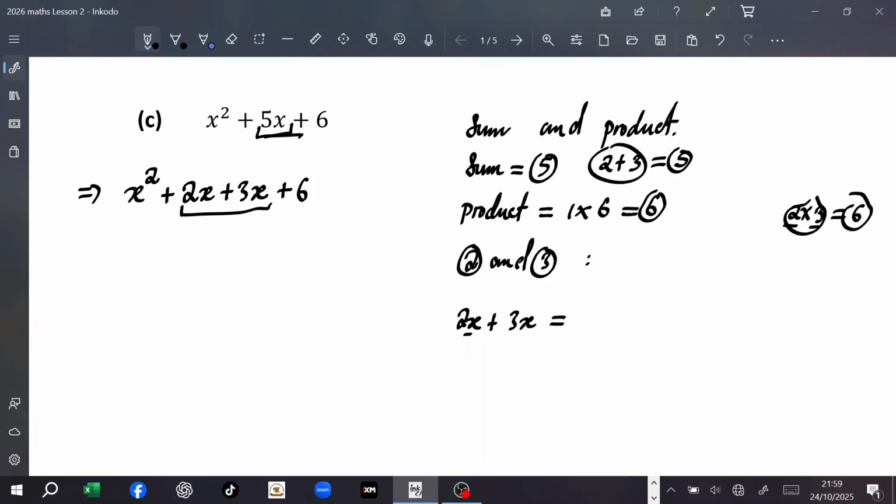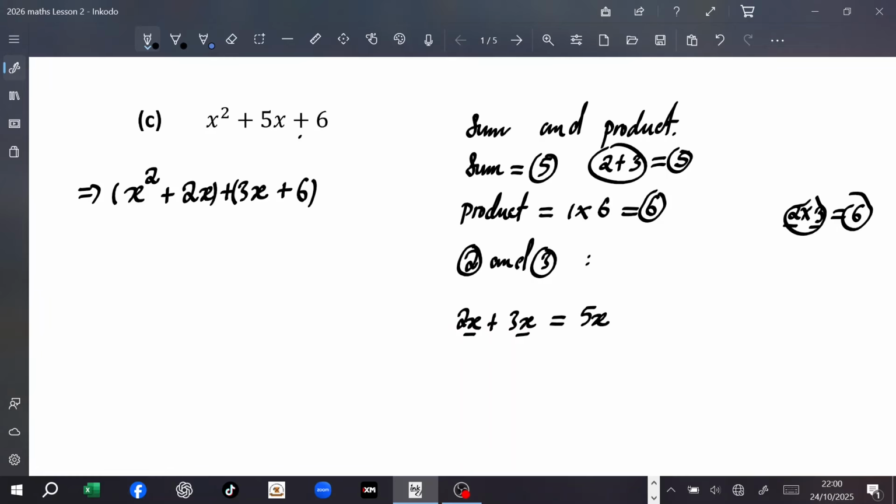Because these are like terms, so I add, so I'll get 5x. So meaning, by us replacing 5x by 2x plus 3x, which we got after understanding what I've explained here, it doesn't affect anything. So once we do that, now we can factorize by grouping, because the whole idea is to come up with how many terms?